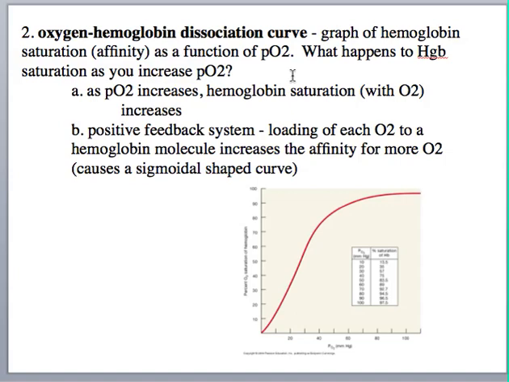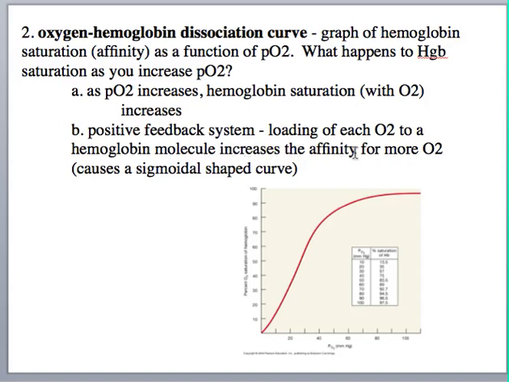Remember, saturation of hemoglobin is how many oxygens it can hold. So as your PO2, your partial pressure of oxygen, increases, you can see that hemoglobin saturation will increase as oxygen increases. And the loading of each oxygen onto a hemoglobin molecule will actually increase the affinity.